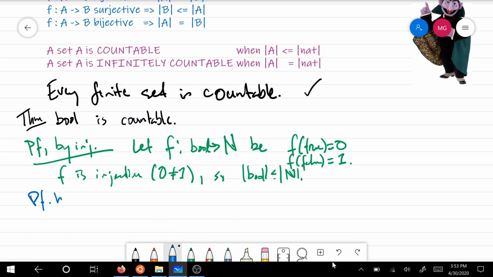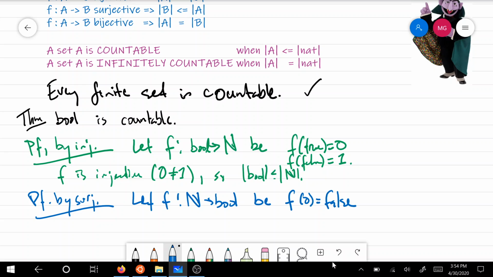Proof by surjection. Let f be a function from gnat arrow bool be f of 0 equals false, f of s of n prime be equal to true.